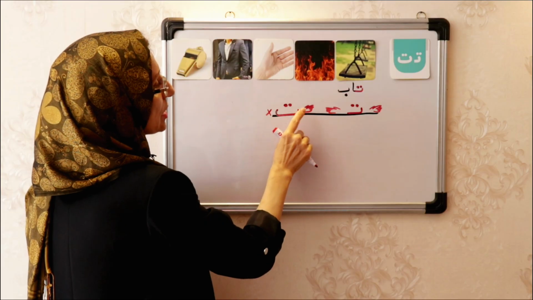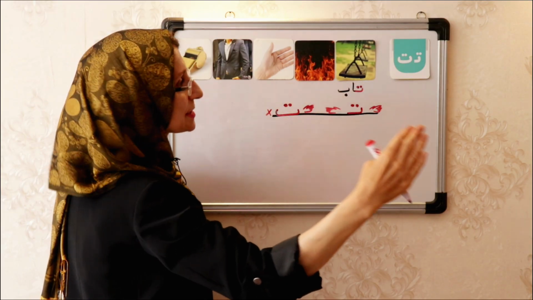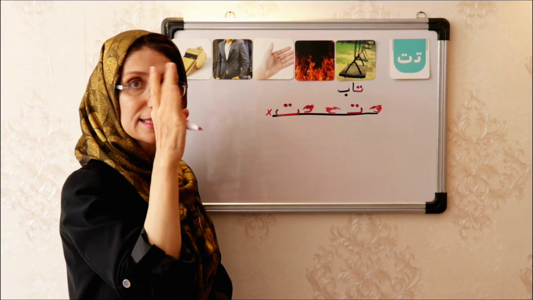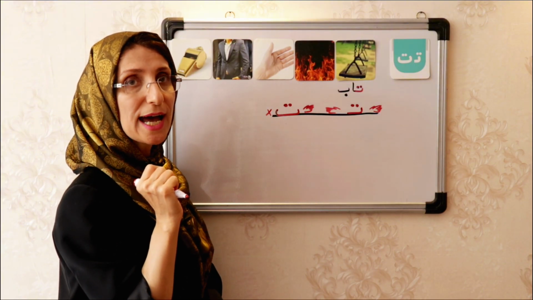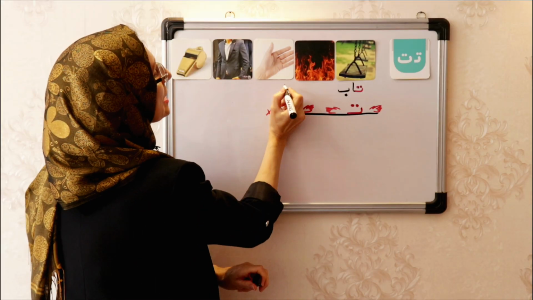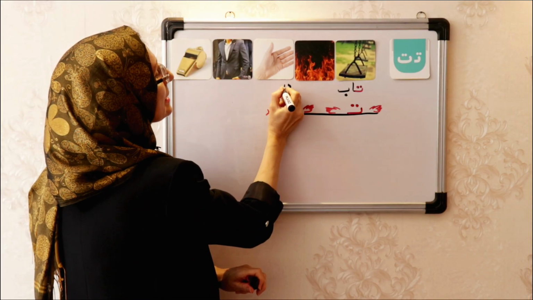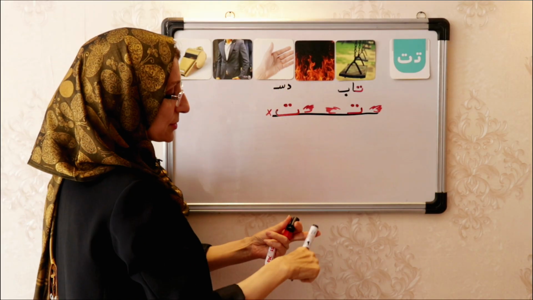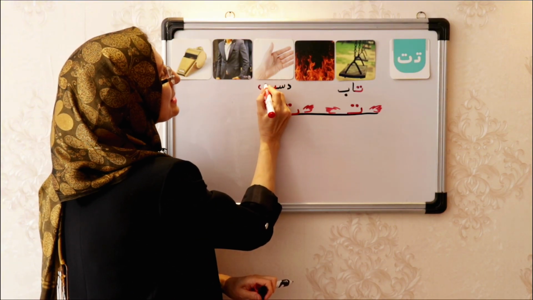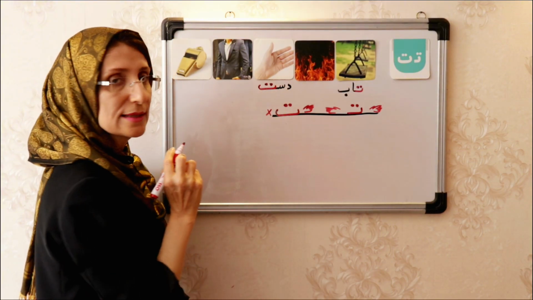For instance, when it connects to the previous sound, you see in the word dast. Dast in Persian is hand. Look how we connect T to the previous sound. Dast.